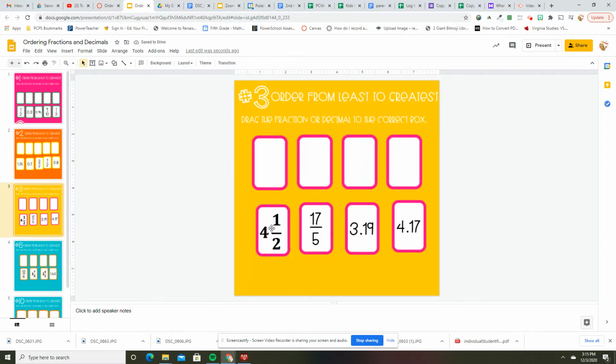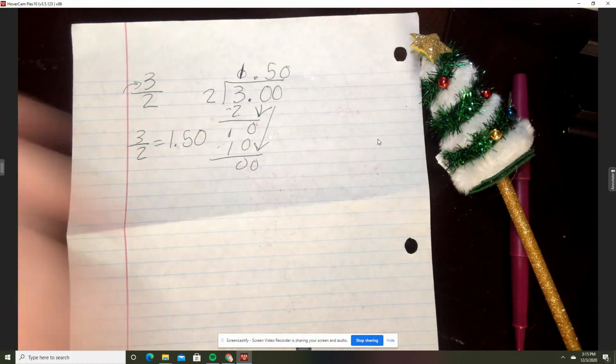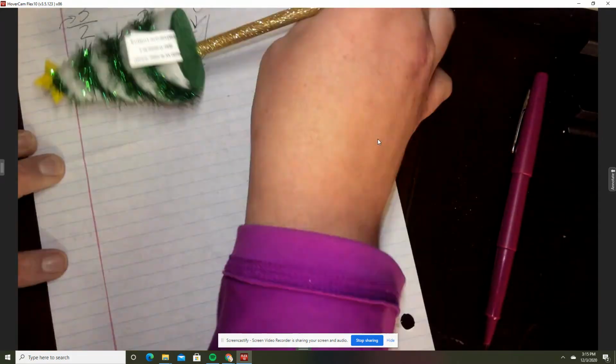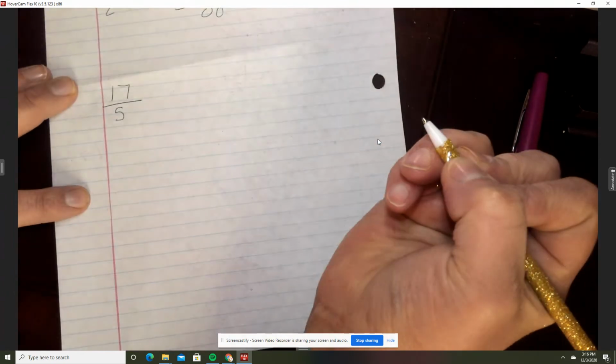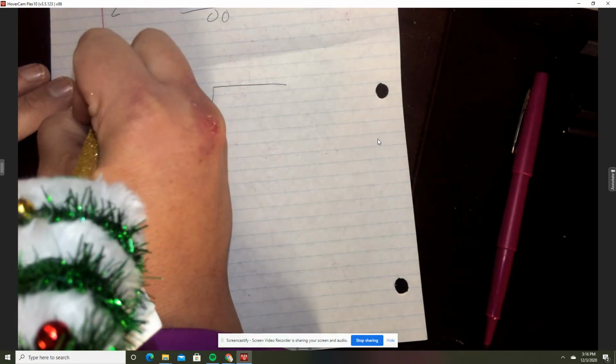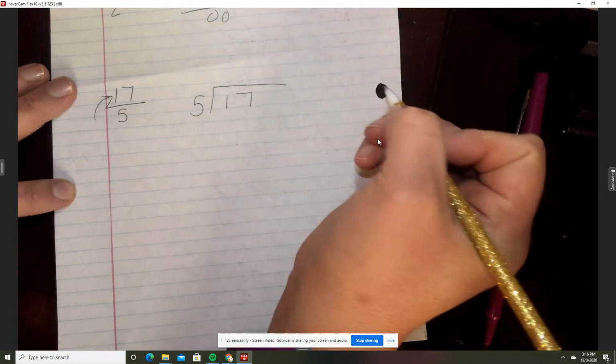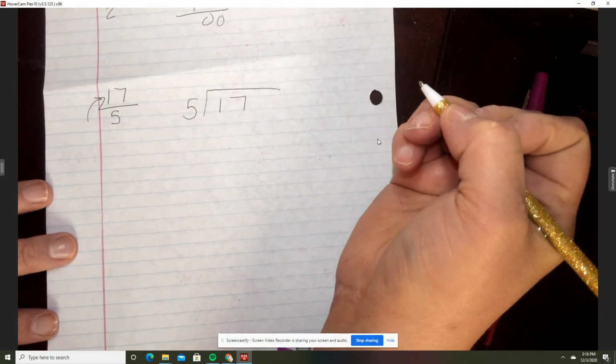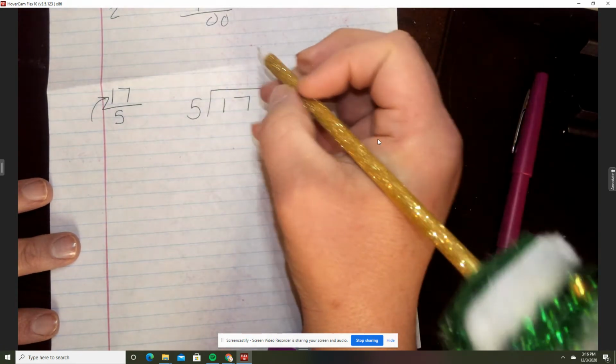All right, so these all have whole numbers, right? Because of 17 over 5. Let me go on and show you what that would be. So 17 over 5, okay? You would take your 5, and that 17 is going to be pushed inside the box. You may not even have to add a decimal and 0, but let's see what happens.